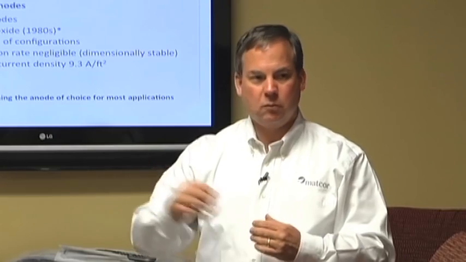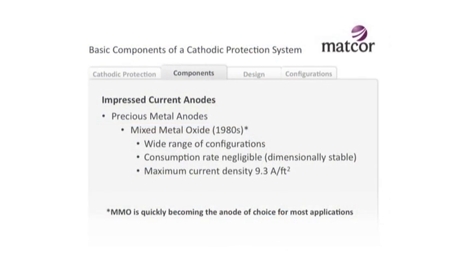Mixed metal oxide actually is more of a catalyst than an anode. All the other anodes we talked about really give up or physically consume. This is a dimensionally stable anode. It allows the corrosion reaction to occur, or allows current to just discharge off of it in the presence of a voltage gradient. So let me rephrase that again. If you have a voltage gradient, you have a power supply that's generating a voltage differential over that anode, it'll start kicking off current.